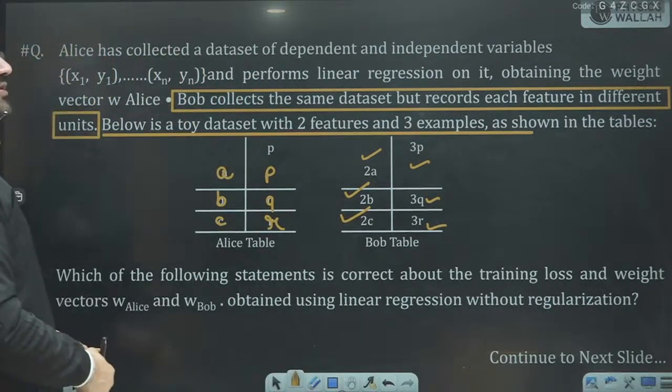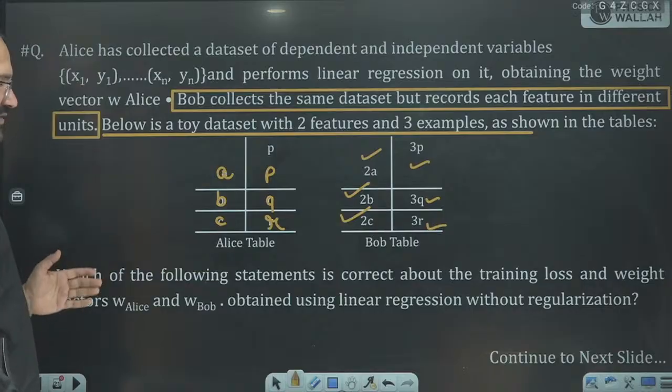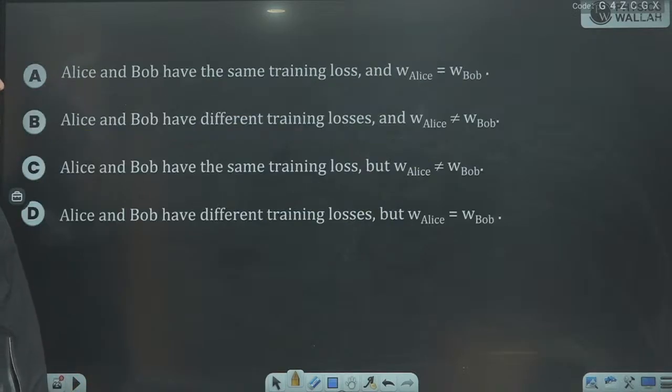Now this is a very beautiful question. You can try this, it's a very simple understanding based question. They have the same training loss but the W's are equal. They have different training loss, W's are equal. They have the same training loss, W's are not equal. They have different training loss, W's are not equal.